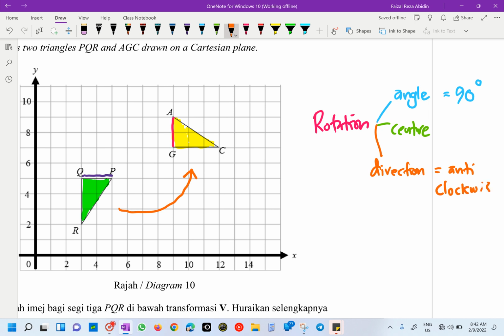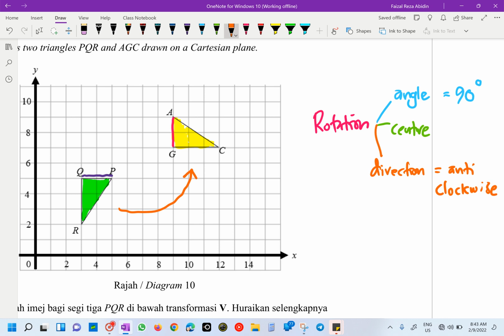Okay, we got this one. Now to find the center. When you determine the angle and direction, whether it's clockwise or anti-clockwise, you draw the arrow. If it's anti-clockwise, you draw like this. If it's clockwise, you draw on this side. Understand? Okay, why?